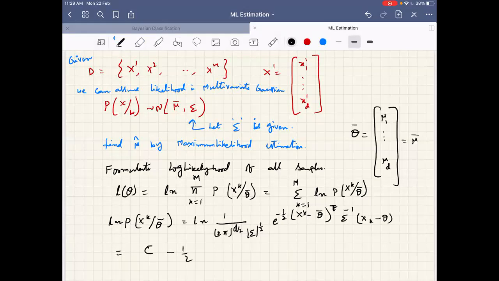C minus half (xk minus theta) whole transpose into sigma inverse, and I can't leave out the covariance matrix, (xk minus theta). Now this is in between the thetas. Is this clear? ln of p of xk given theta I have written. Yes or no? Yes, sir.